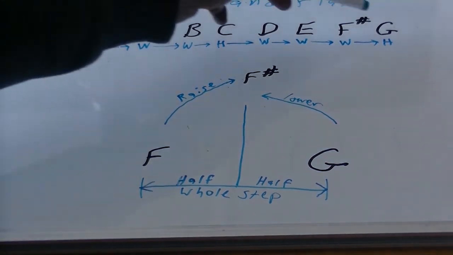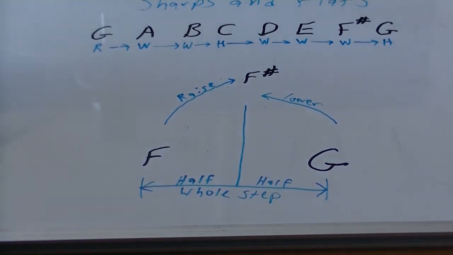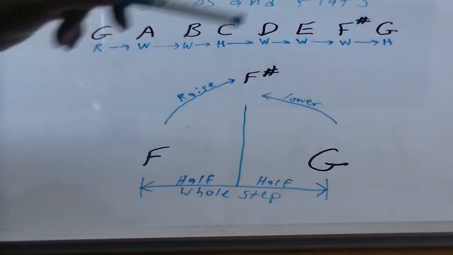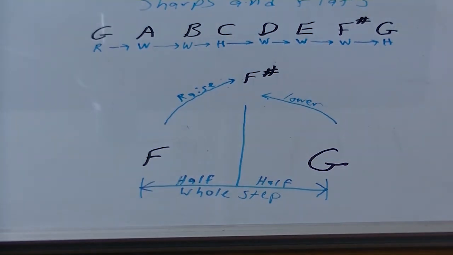Well, if we look at our G major scale, we can see that it contains one sharp note, and that note is F sharp. So we could say that the unique quality of the G major scale is that it contains one sharp note.